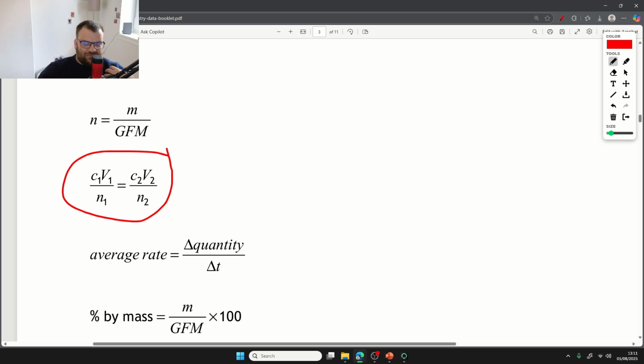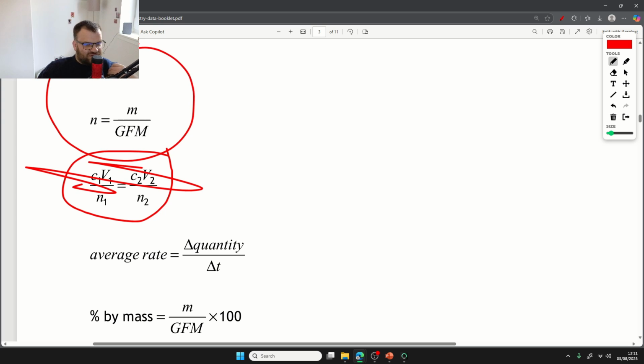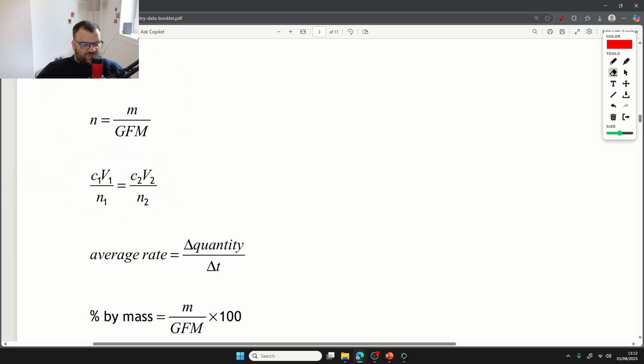In my book, I much prefer to use n equals c times v twice. If your teacher does that one and you're happy with it, then you'll still be able to get the answers. Personal preference for me is to ignore that and pretend it doesn't exist.